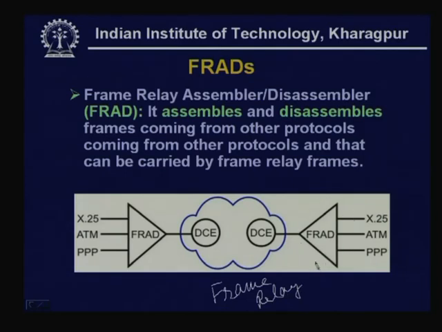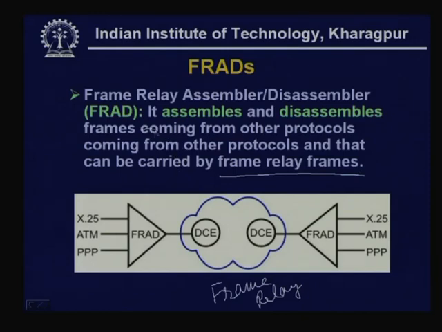Then at the other end, it performs the assembly. So, assembly and disassembly are both performed at the two ends, so that you can send packets coming from other protocols, and that can be carried using the frame relay frames.